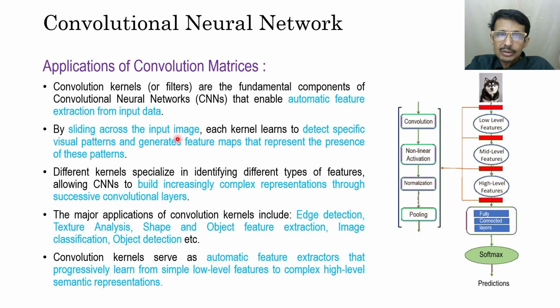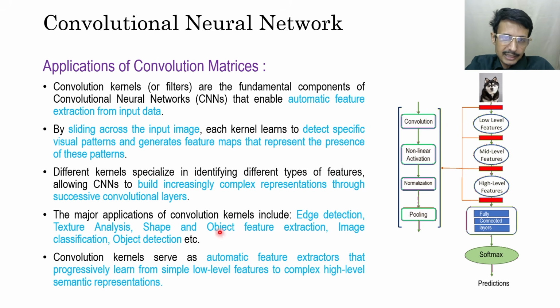By sliding across the input image, each kernel learns to detect specific visual patterns and generates feature maps that represent the presence of these patterns. So this is basically the idea. Different kernels specialize in identifying different types of features, allowing the CNN to build increasingly complex representations through successive convolutional layers.